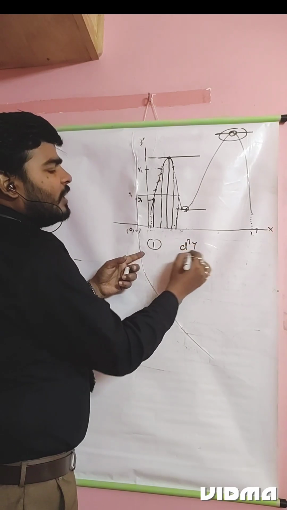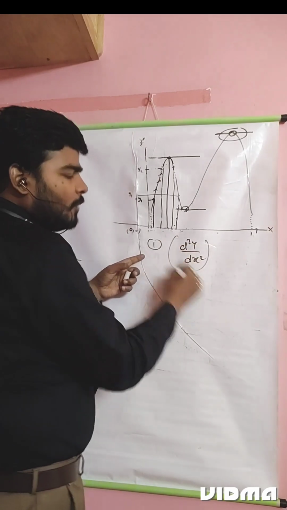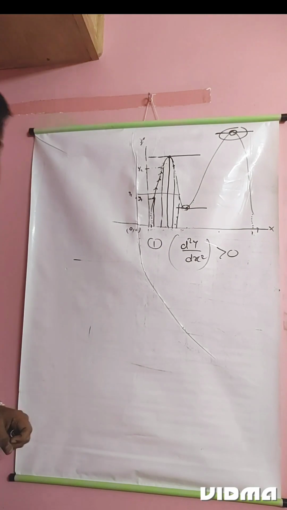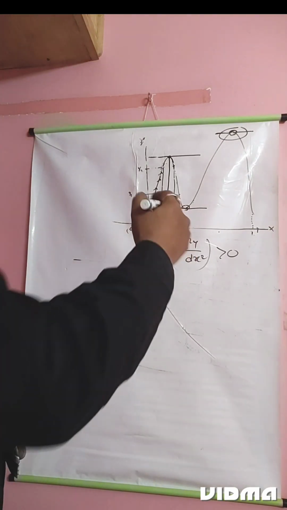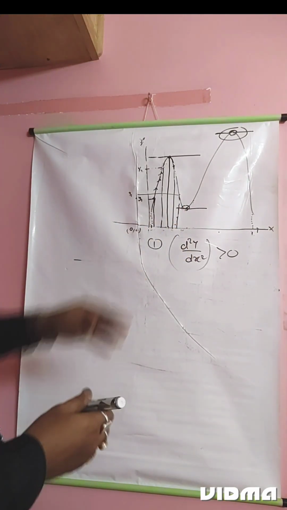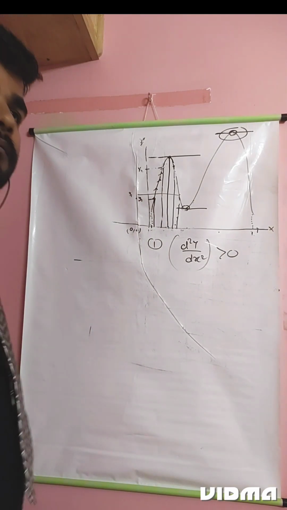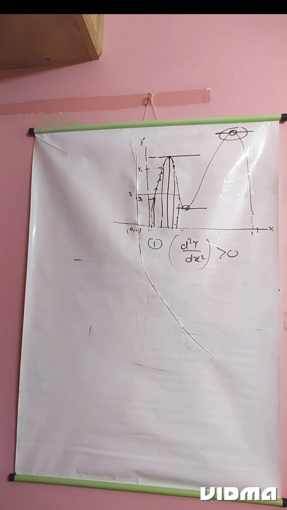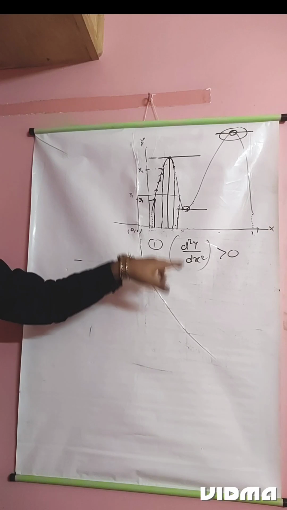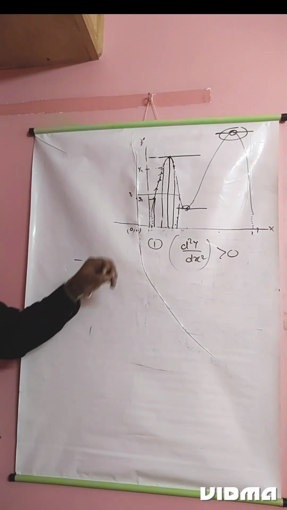If the second order derivative at any critical point is greater than 0, then we can say that the function attains a minimum. How can we say that? Because d2y by dx2 is greater than 0 at the minimum point.